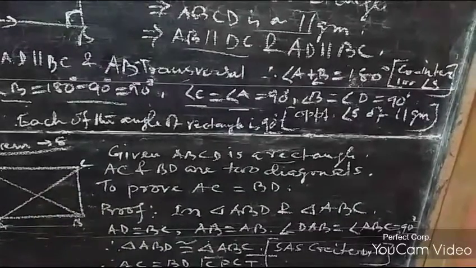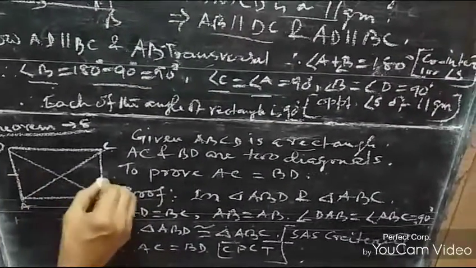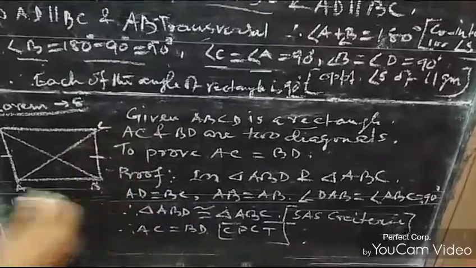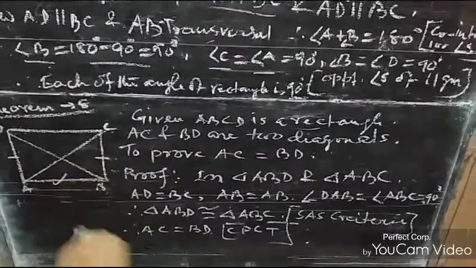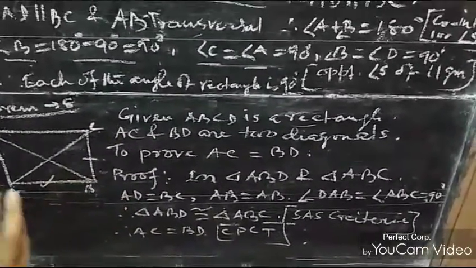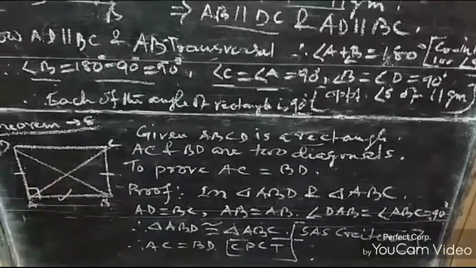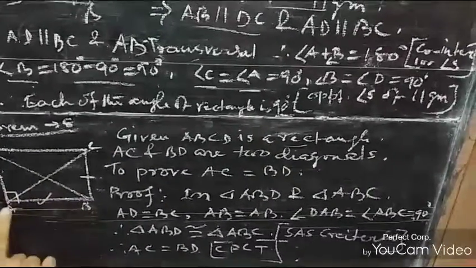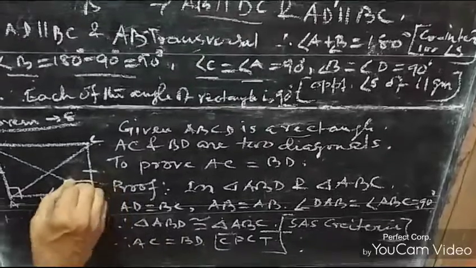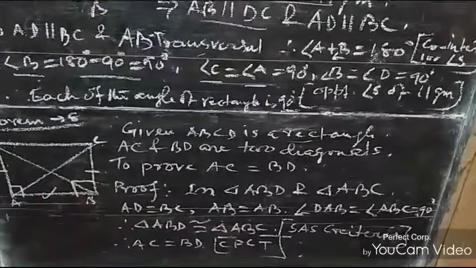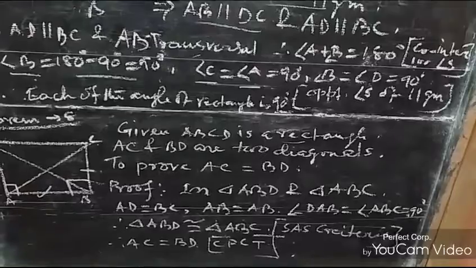What is given? AD equals BC because they are opposite sides of the rectangle. AB equals AB, a common side of the two triangles. And angle DAB equals angle ABC, each 90 degrees, since every angle of a rectangle is 90 degrees.